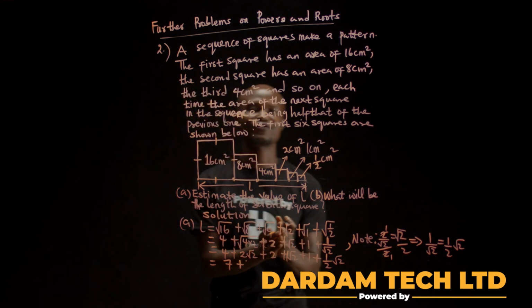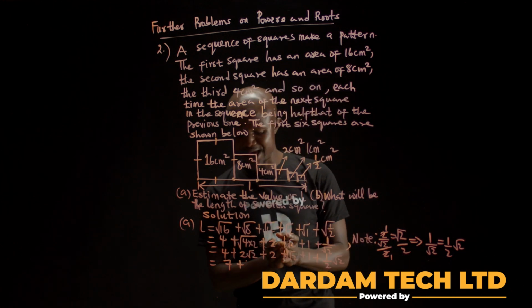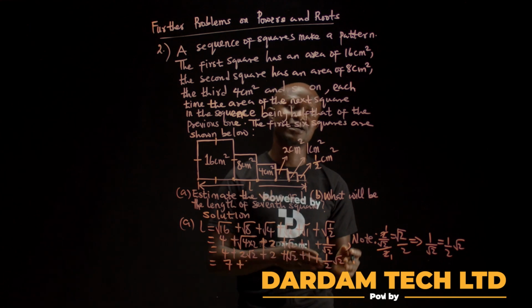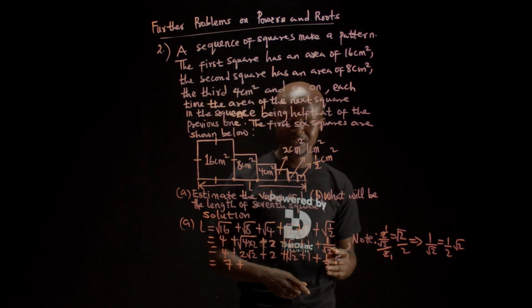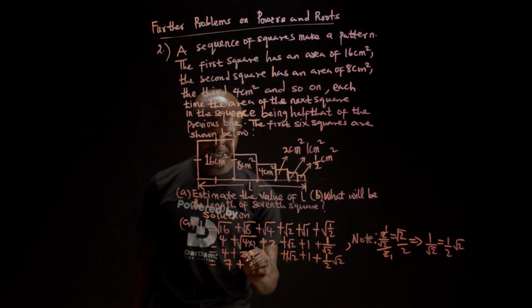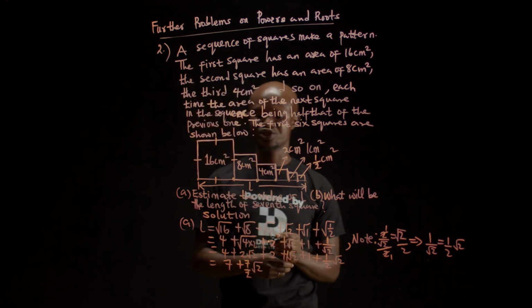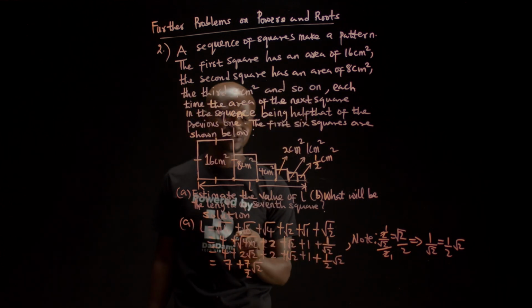And 3 and a half is a mixed number; when you convert it to an improper fraction, that's 7 over 2, so 7 over 2 root 2. So that is the solution to the first question.